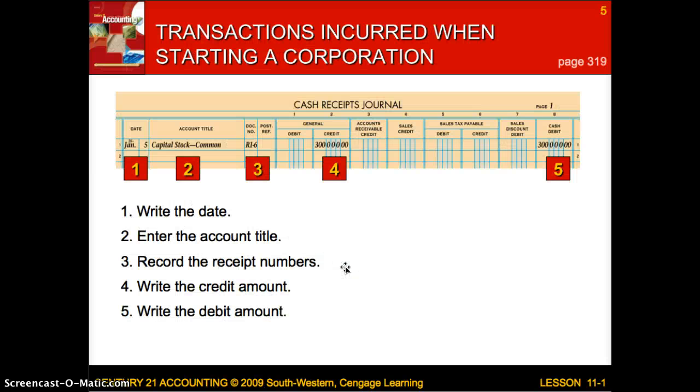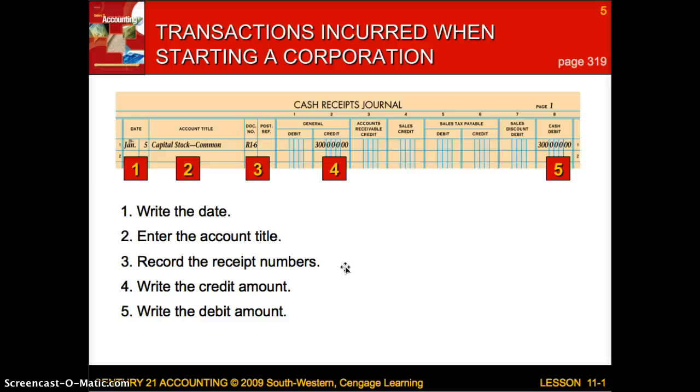Okay. When we are starting a corporation, the first thing that we need to do is figure out which transactions are going to happen when we do that. Here we are receiving cash from these incorporators for their 30,000 shares of common stock at $10 stated value.